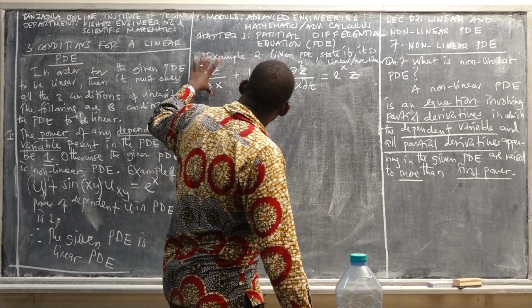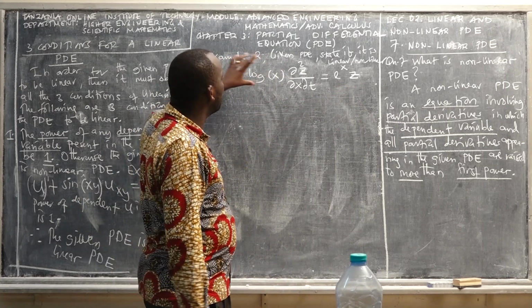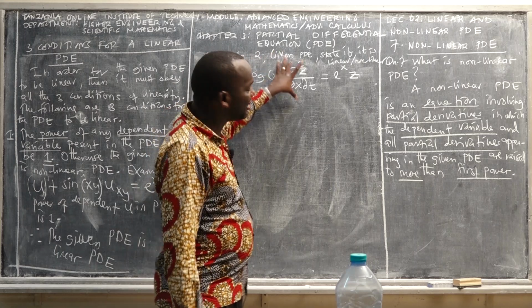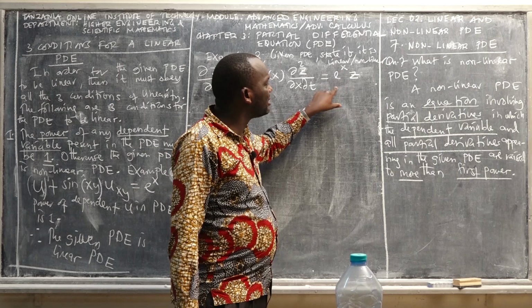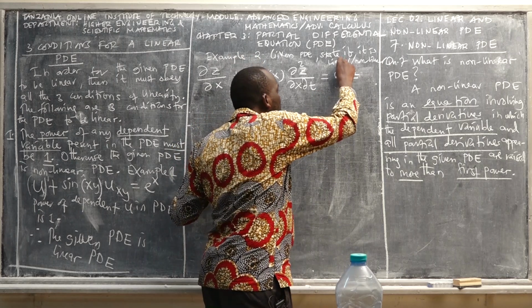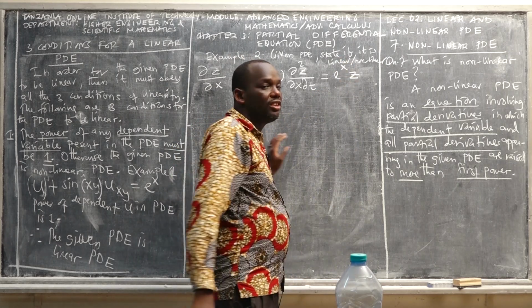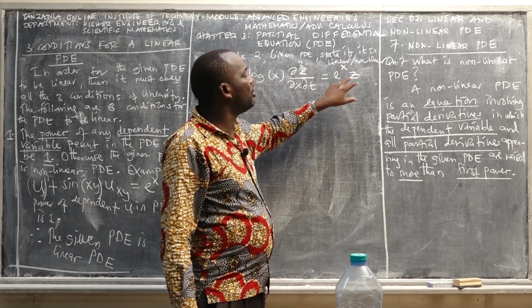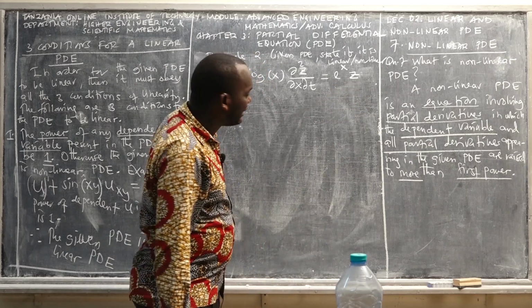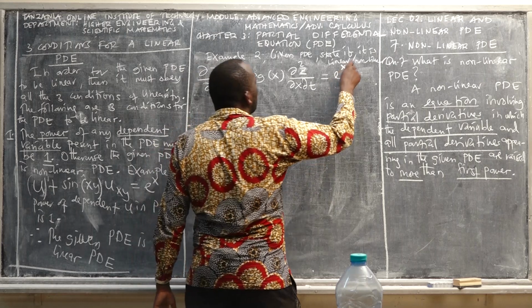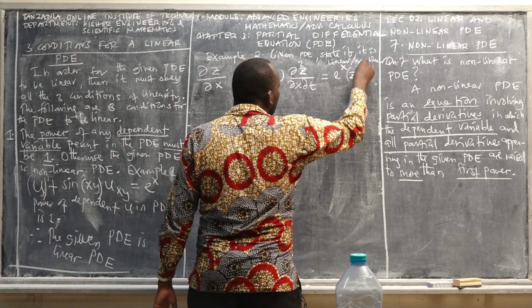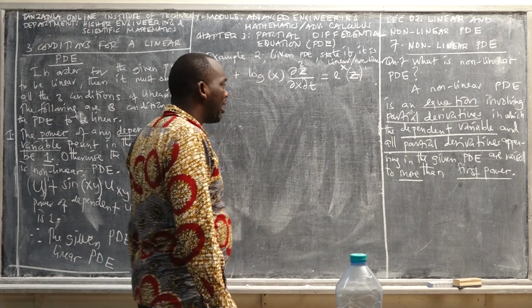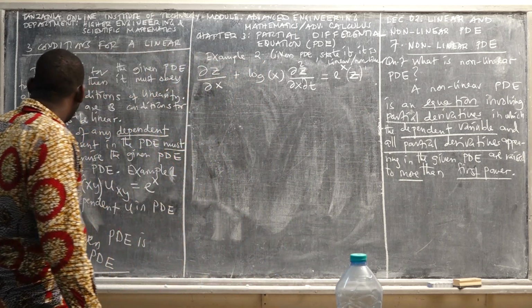So this is the first partial derivative, this is the coefficient function, this is the second partial derivative. And then this one, this e power x, is a coefficient of the dependent variable z. So there it's the one that we call dependent variable. Then next check what the power of z present in this differential equation is: 1. So the power of the dependent variable is 1. It obeys this condition.